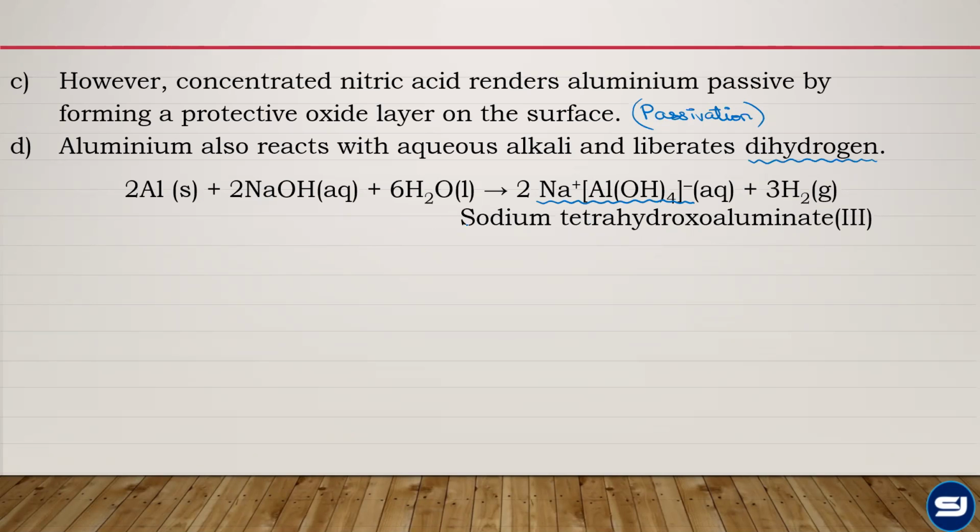So the complex here is named as sodium tetrahydroxoaluminate with the oxidation state of aluminium as plus 3, written as the stock notation, that is in the Roman numeral. Sodium tetrahydroxoaluminate.